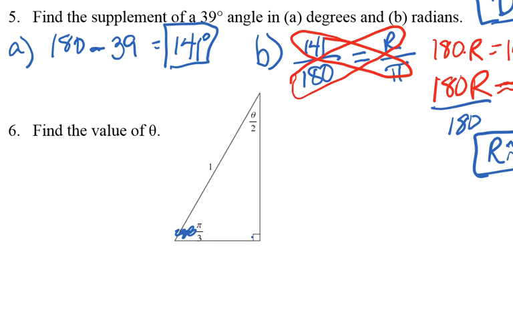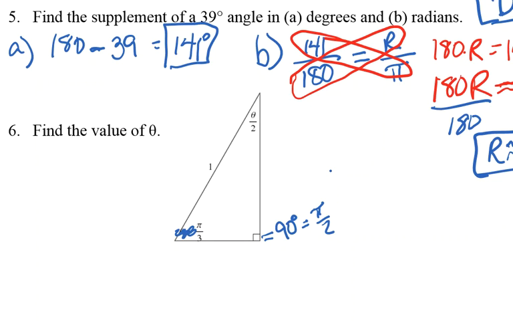This is 90 degrees. Now, pi over 3 is in radians, so this is 90 degrees, which is pi over 2 in radians. And the reason I know that is because 90 is half of 180, and then half of pi. Pi over 2 is half of pi. So what we can do is figure out what is this.